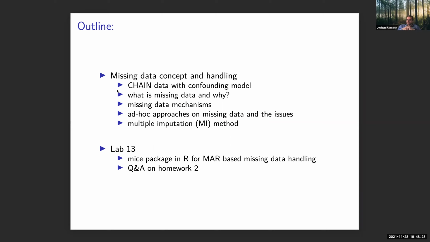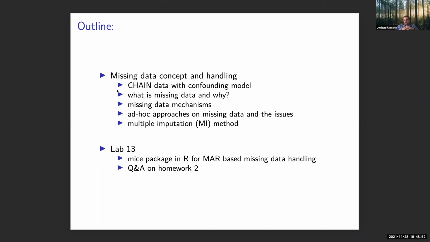We'll discuss what missing data is and why it's missing. We're looking at the mechanisms for missing data and how missing data can be approached. We'll be talking about ad hoc approaches to missing data and associated issues, and we'll be discussing multiple imputation as a method to counteract missing data in your data set.